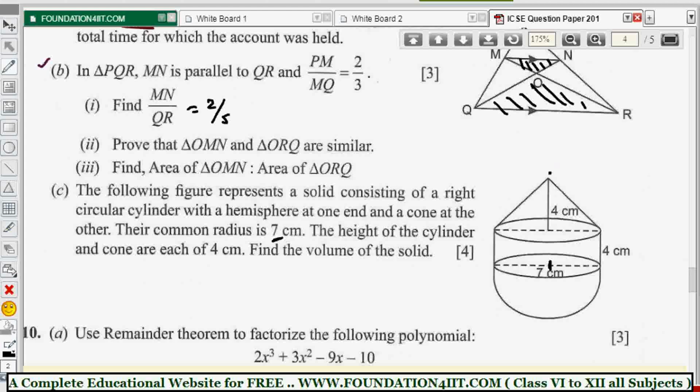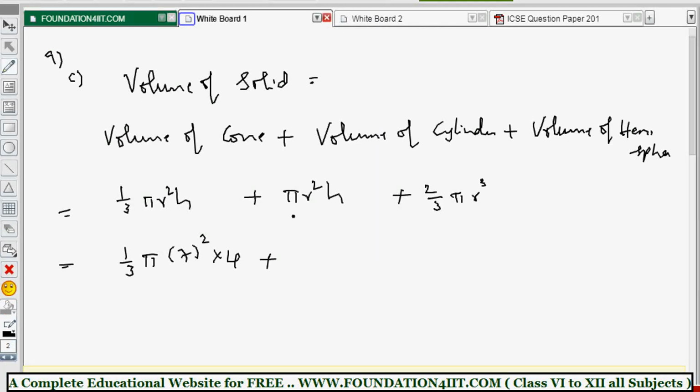And height is 4, and for this also height is 4. And pi r square, so 7 square, h is 4, plus 2 by 3 pi r cube. So 7 cube, so 7 square into 7.